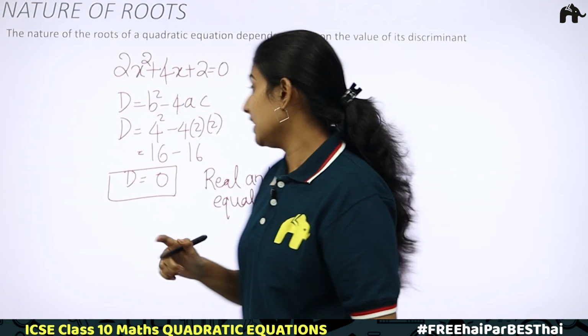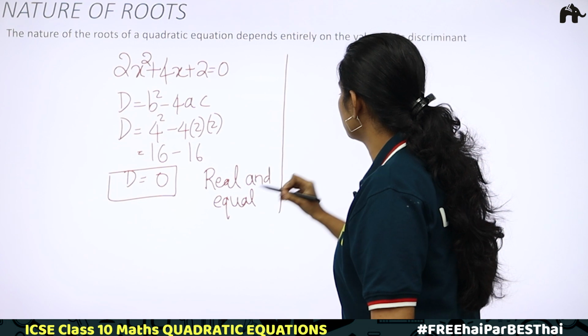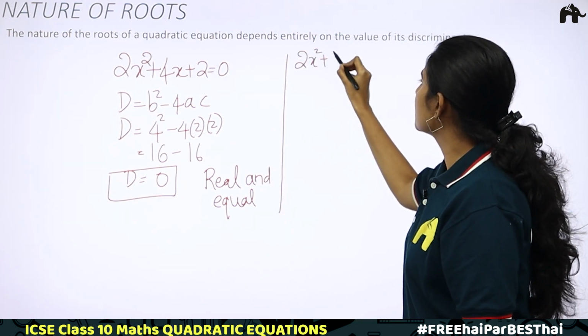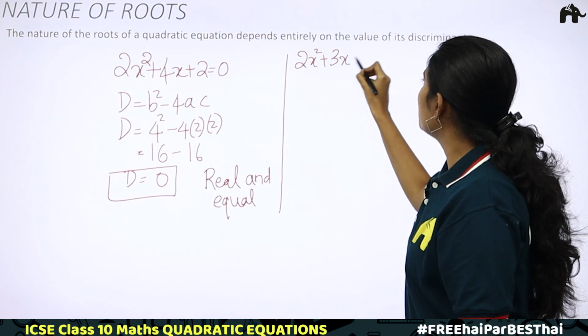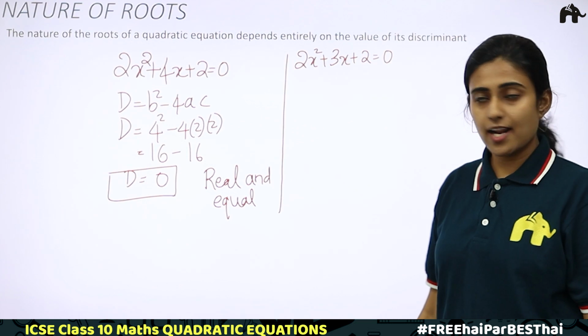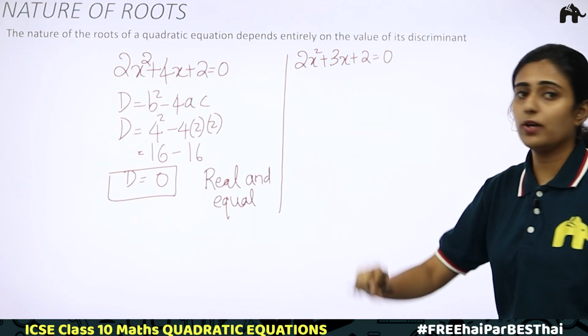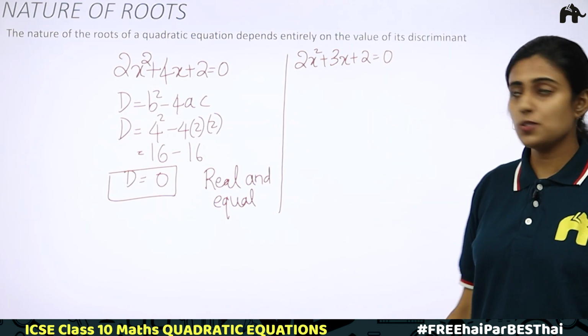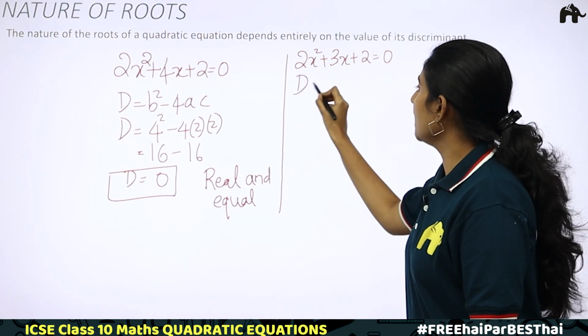Now let's take another case. 2x square plus 3x plus 2 is equal to 0. This is a quadratic equation. Here a is equal to 2, b is equal to 3 and c is equal to 2. What is discriminant?